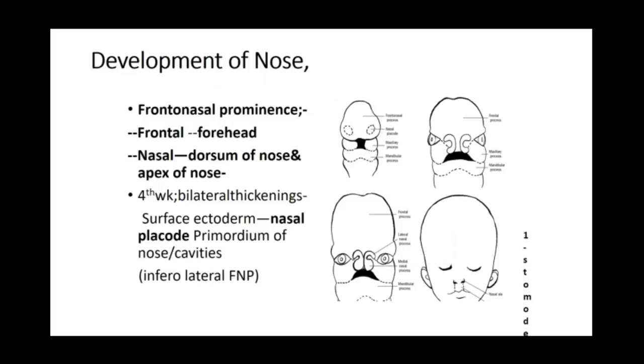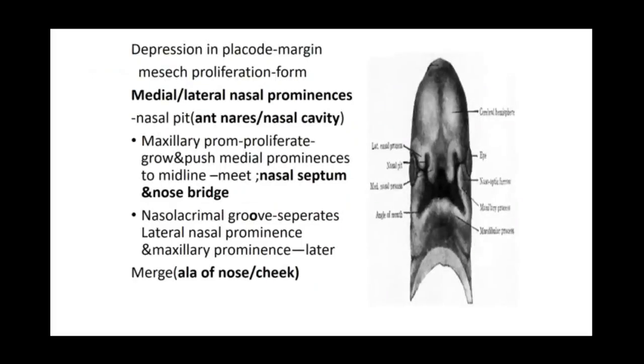In the fourth week, from the surface ectoderm, how does it start to develop? You have the nasal placode, the primordium of the nose. That is the inferolateral part of your frontonasal prominence. Then there is a depression in the placode, and the margins, mesenchyme, proliferate from the medial and the lateral nasal prominences. In the center, you have this depression, which is the nasal pit or the anterior nares of the nasal cavity.